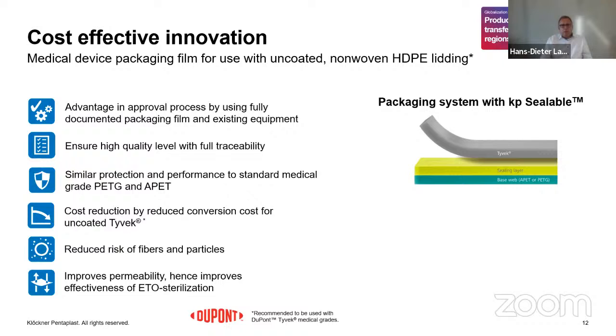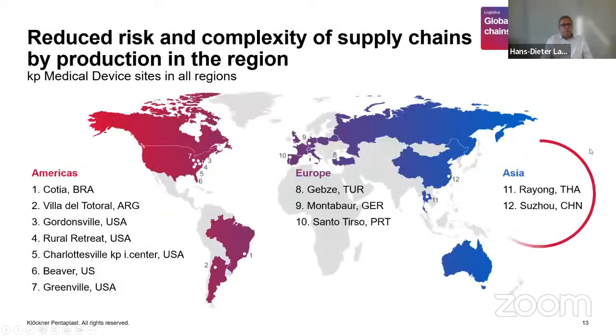This can be avoided by using this material. And you have a slightly better permeation of the ETO during the sterilization process. If you have production transfer between regions, you also have a wide selection of materials to be optimized for the medical device to be packed.